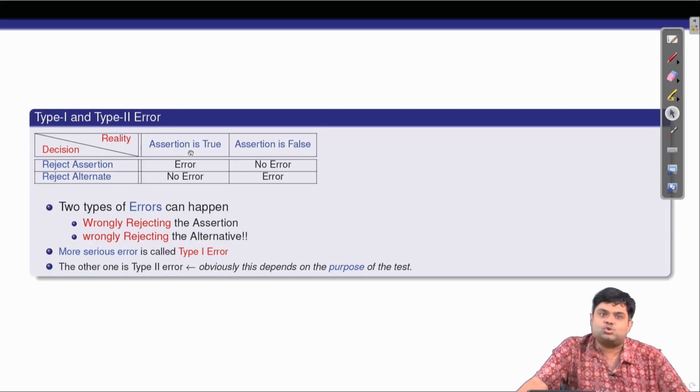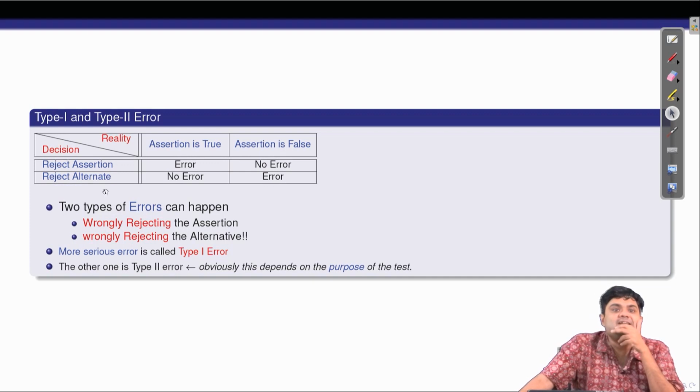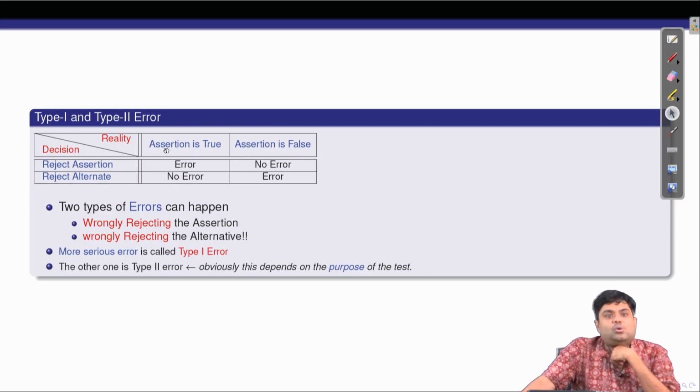If the assertion is true and you reject the alternative, that is, you stay with the assertion, then there is no error. If the assertion is false and you reject the alternative, you incur a certain error. The more serious error is the type 1 error, namely rejecting the assertion when the assertion is true, because there you are going against the conventional wisdom.